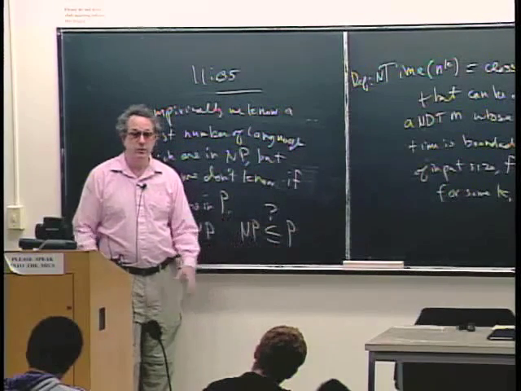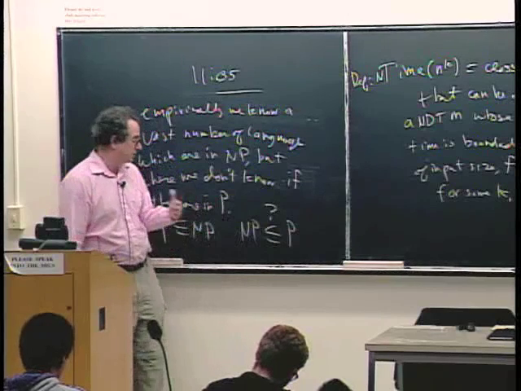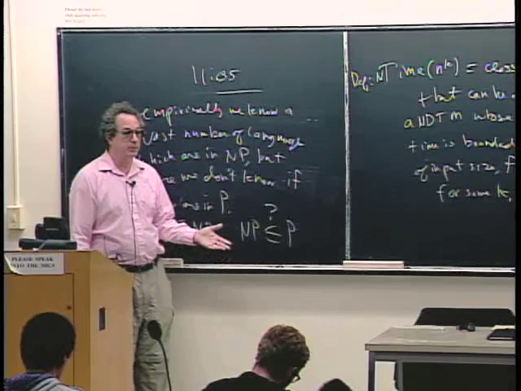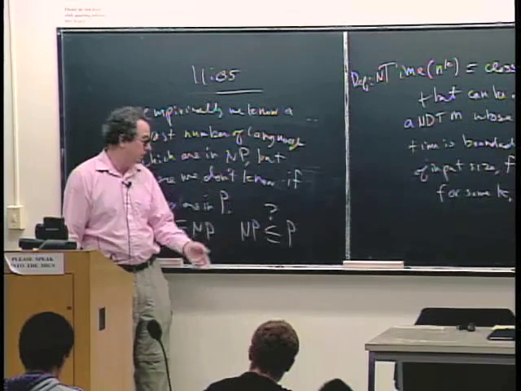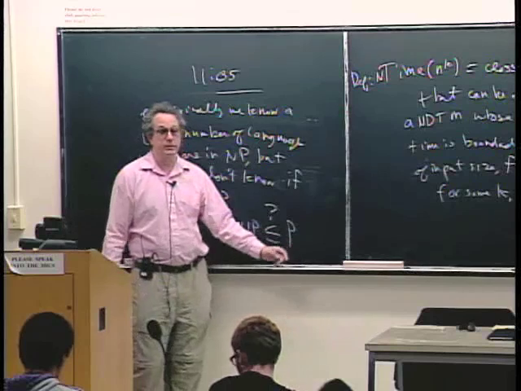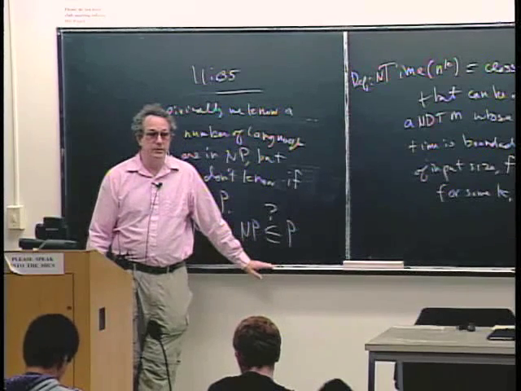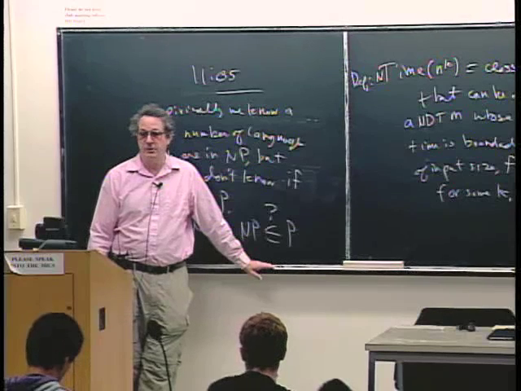That is, if you can exhibit a non-deterministic Turing machine that decides a particular language and its worst case running time is bounded by a polynomial function of the input size, does that necessarily imply that there would be a deterministic Turing machine that can decide that language and its worst case running time is bounded by a polynomial function of the input size?